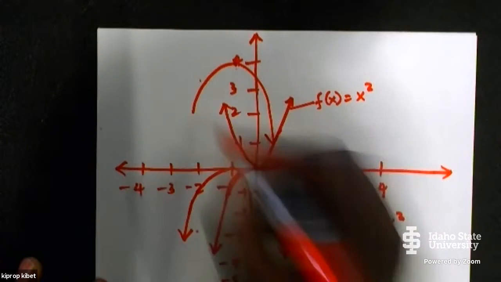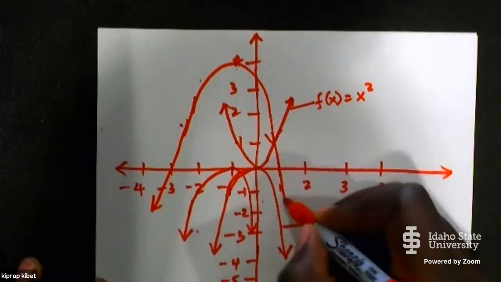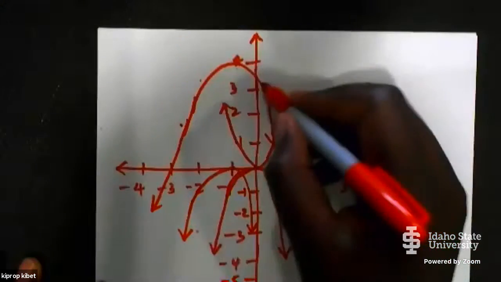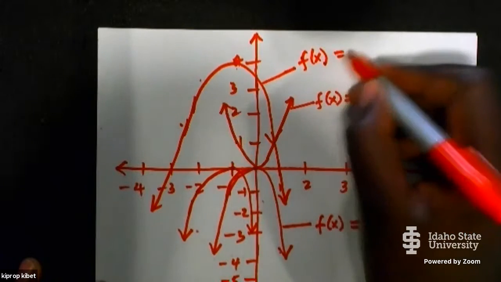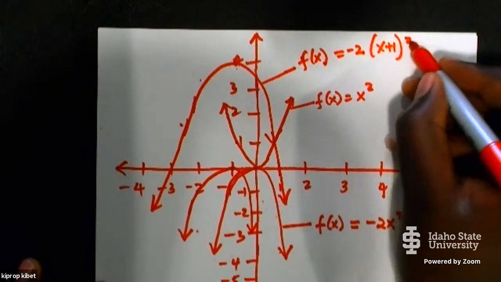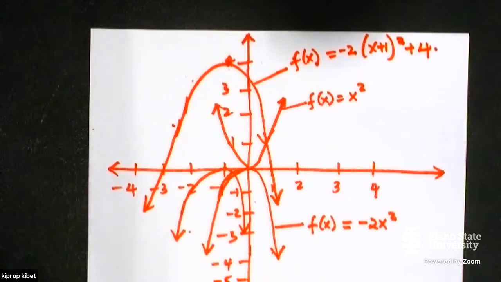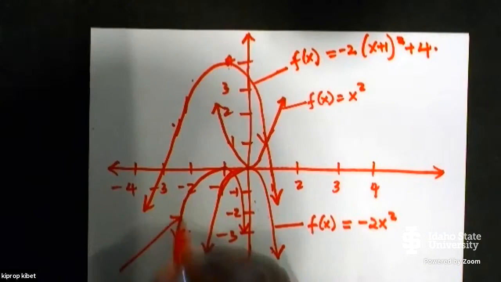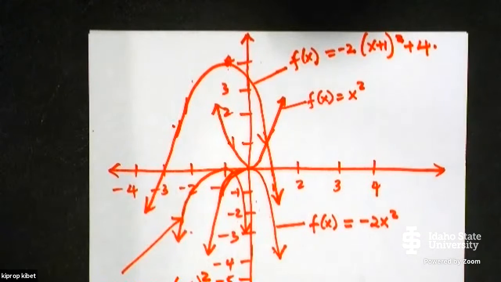And that is how our final graph will look. So this is our graph now, f of x equals minus 2, x plus 1 squared plus 4. And this one is f of x equals minus 2, x plus 1 squared. Okay?